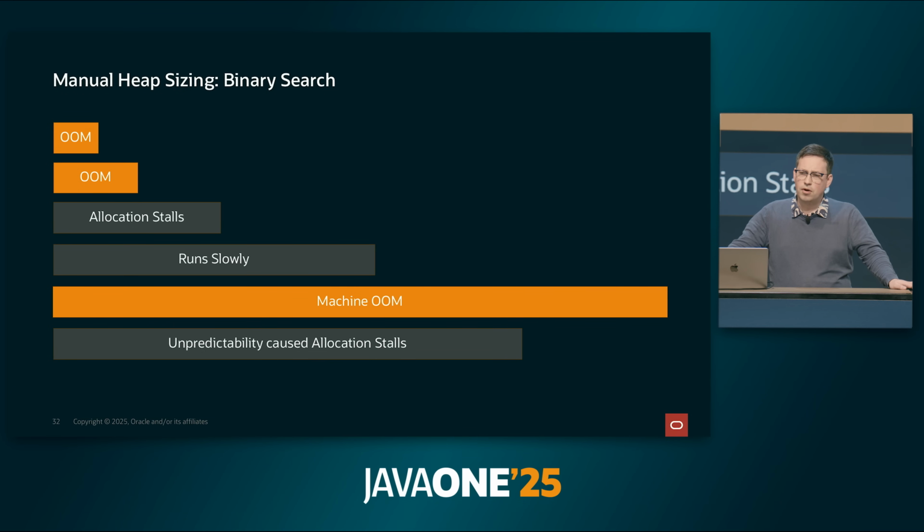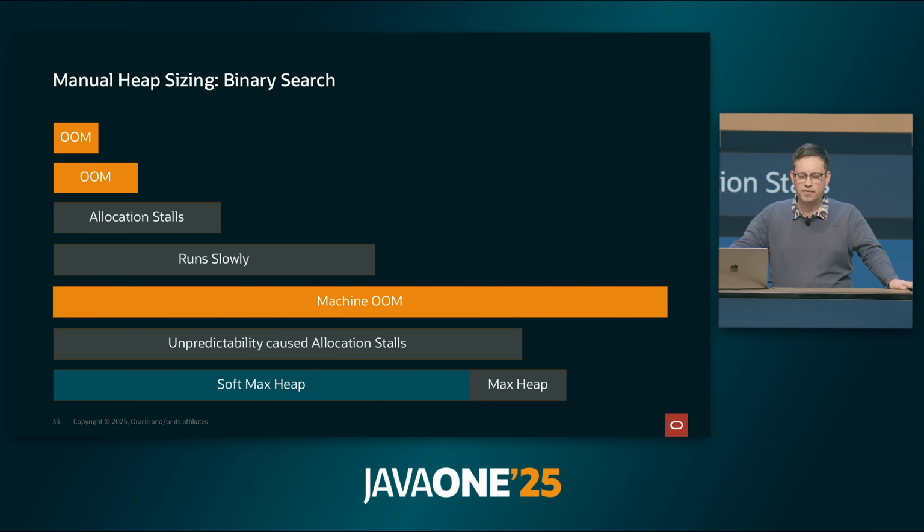And there are manual heap sizing ways of dealing with this. One of them is the soft max heap size. This brings us to yet another JVM flag, where you can specify a soft max heap size that's lower than the max heap size. What this does is tell the JVM to try to use as much memory as the soft max heap size, and make that your goal, but never exceed the max heap size.